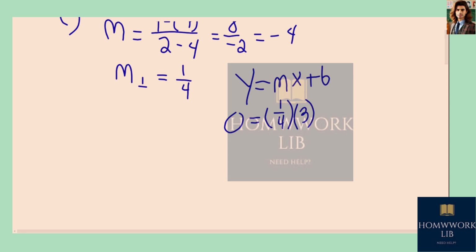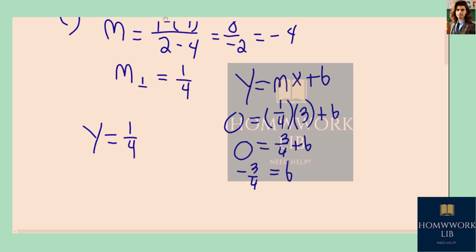Again, it went through 3, 0. So substitute 3 for x, 0 for y, and we'll find the b value. Well, 1/4 times 3 is 3/4. Subtract 3/4, and that's our b value. So our equation would be y equals m, which is 1/4, and our b is negative 3/4. So 1/4 x minus 3/4 is a version of the line.